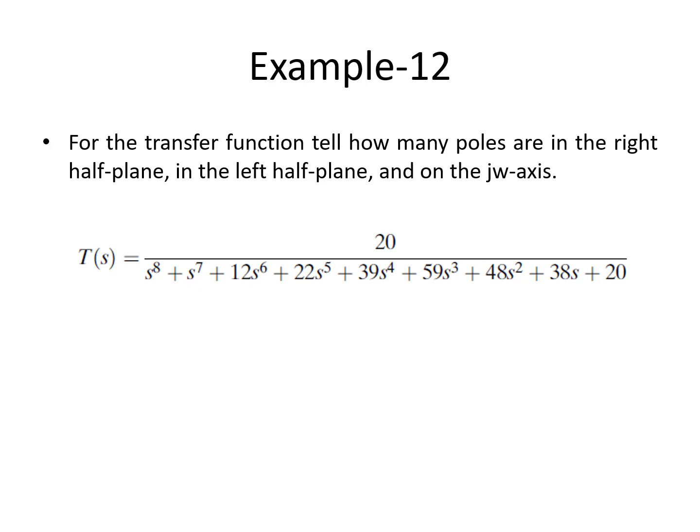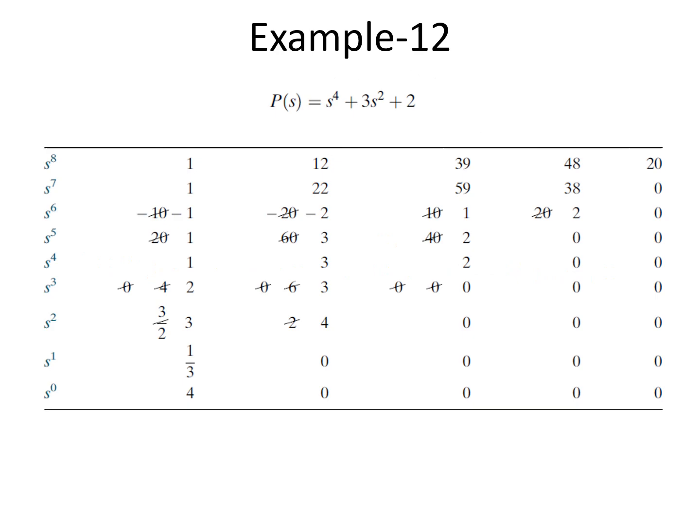So this is an example where I am taking an equation which is given as 20 divided by s to the power 8, s to the power 7 plus 12 s to the power 6, 22 s to the power 5 plus 39 s to the power 4 plus 59 s cube plus 49 s square plus 38 s plus 20. For the equation given to us, this is the Routh table which we are getting.